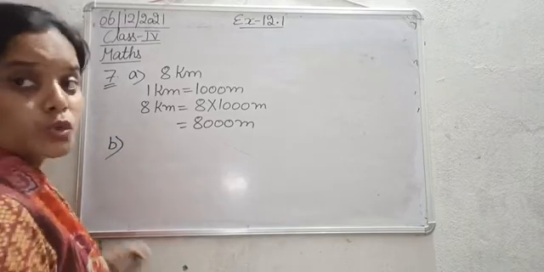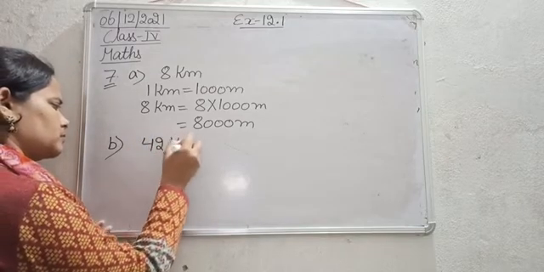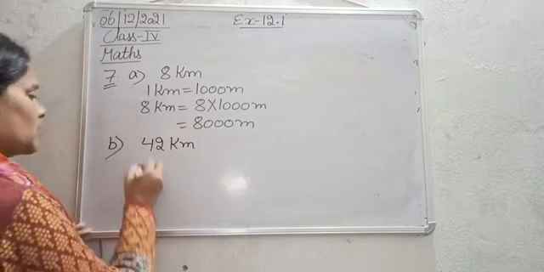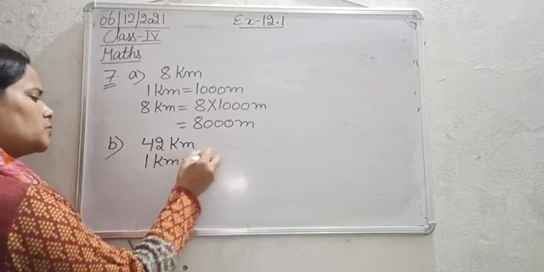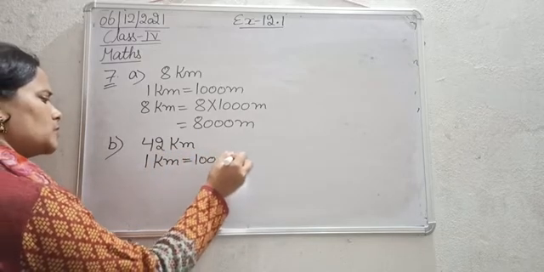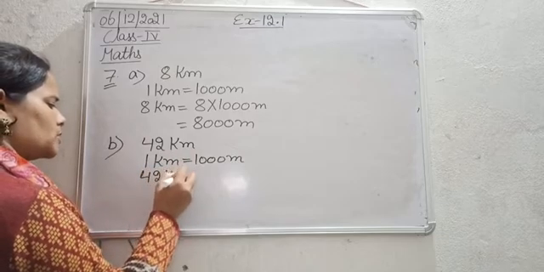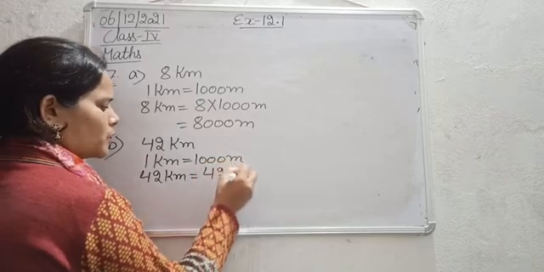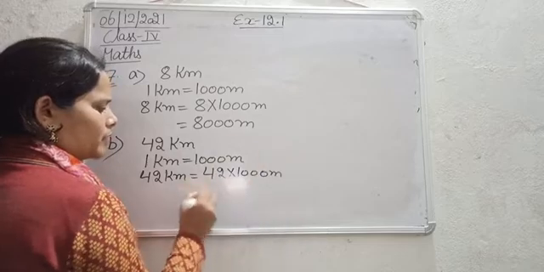This is 42 kilometer. So 1 kilometer is equal to 1000 meter, 42 kilometer is equal to 42 into 1000, that will be converted into meter.